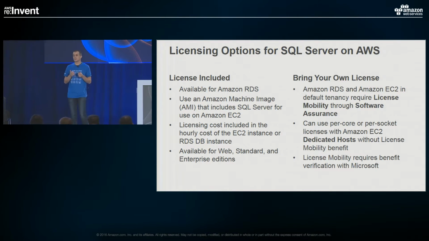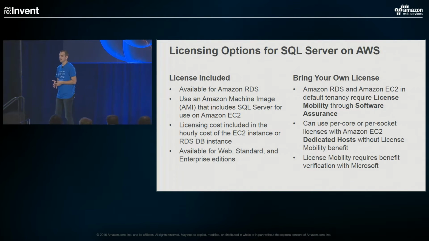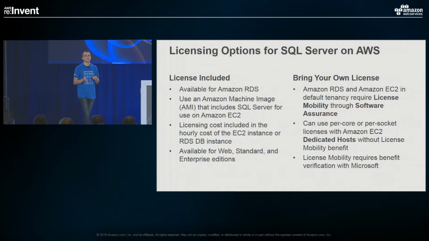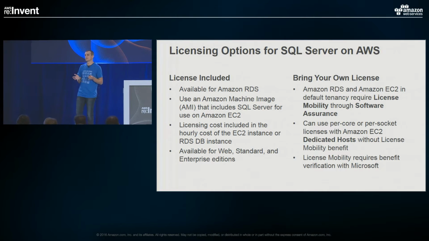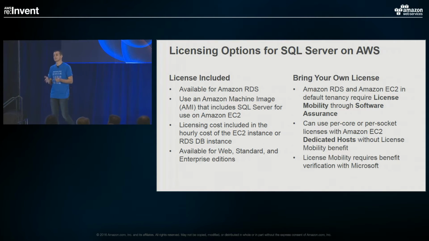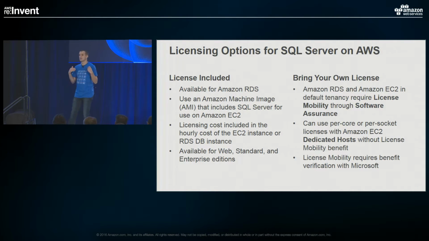On EC2, you simply use one of our machine images that have SQL Server pre-installed on them and start running it, configuring it, and loading data on it. So you are paying for the SQL Server license as part of the hourly cost of that instance. And you're only paying for the SQL Server license for however many hours you're actually running that instance, which becomes very, very compelling if you don't run fully 24/7 on those instances long term.